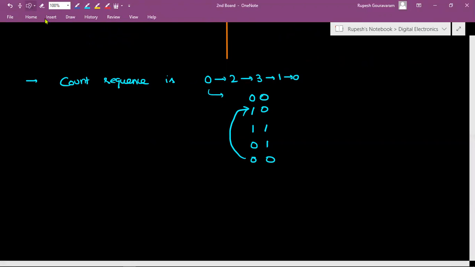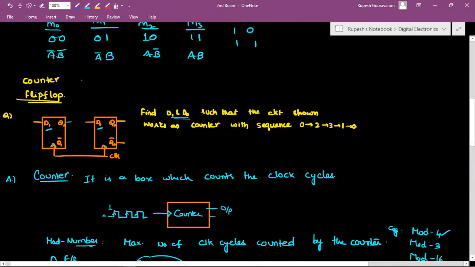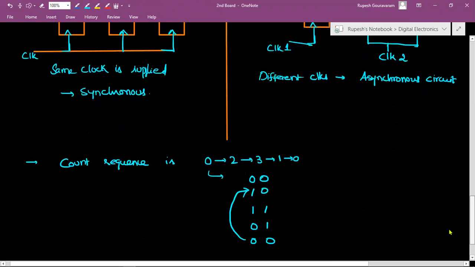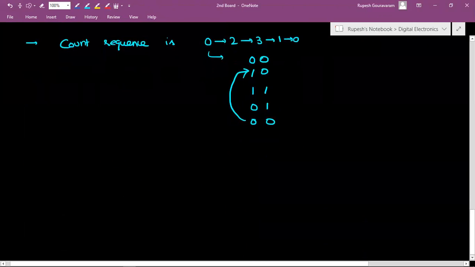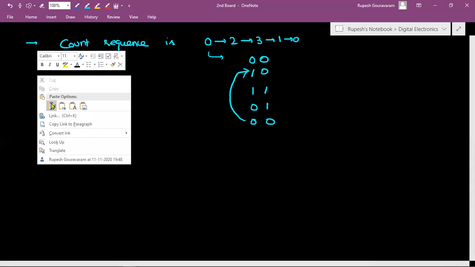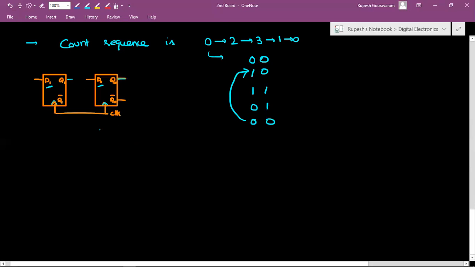So if you copy the diagram from the question, let me take this diagram. In this diagram, we have the same clock for both flip-flops.